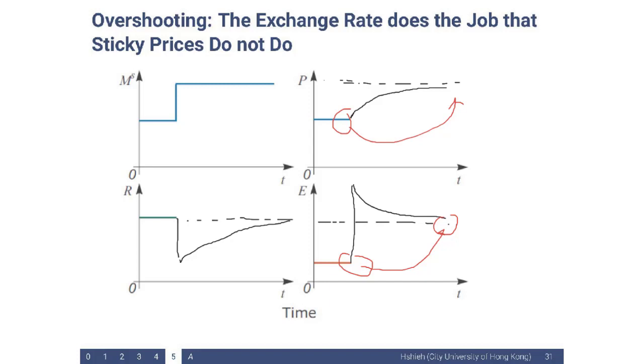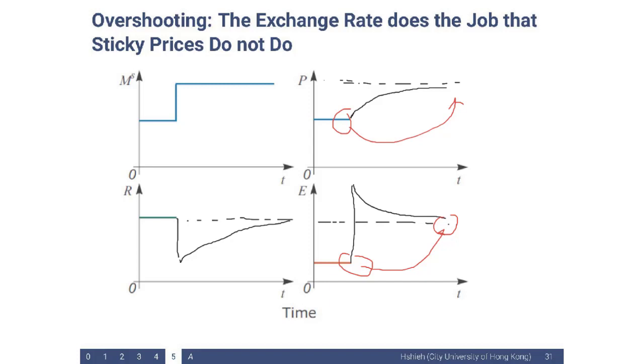So this is kind of arbitrary. It doesn't have to match here, okay? This is an arbitrary horizontal line. As I mentioned in the previous slide, because of sticky prices, there was an overshoot, and then a slow return. There's an overshoot from E naught to E prime, and then a gradual approach to a slightly lower level, but still higher than before.